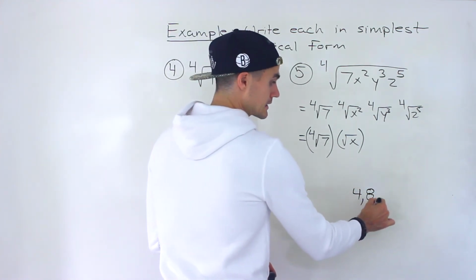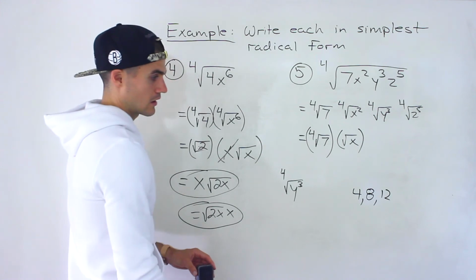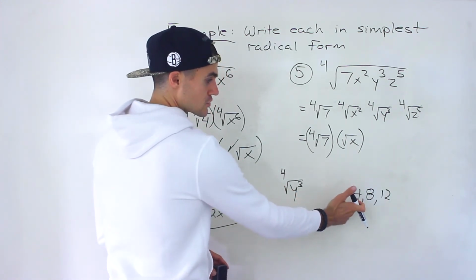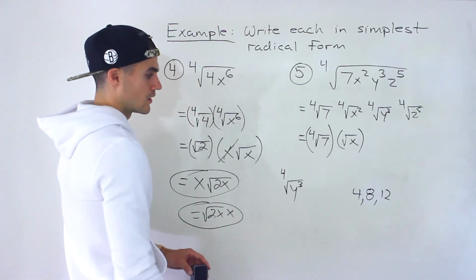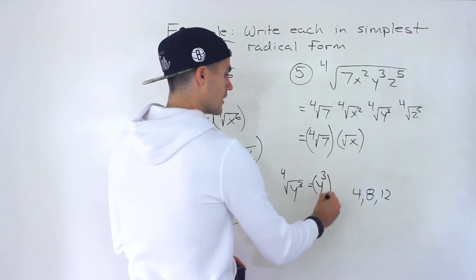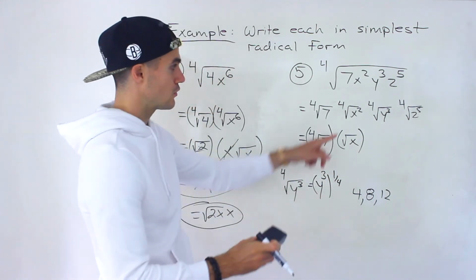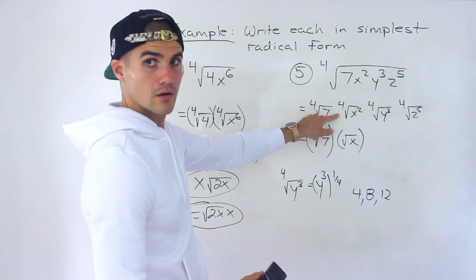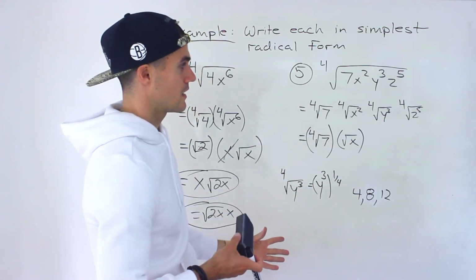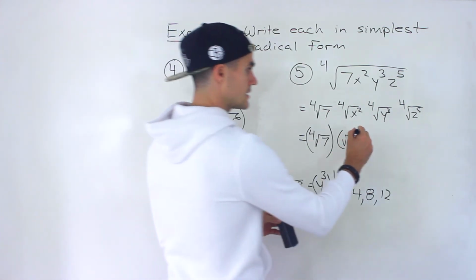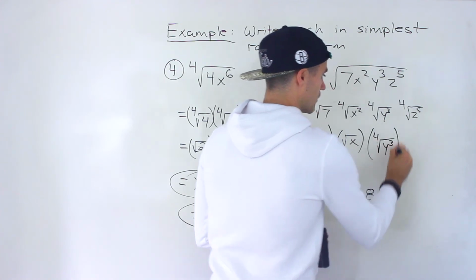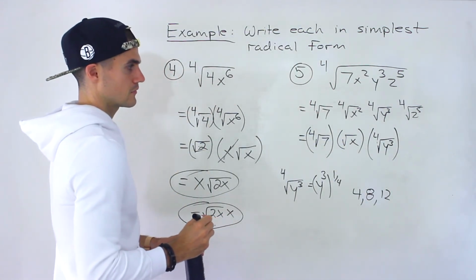Then we got 8, then we got 12, etc., and the 3 is less than that first multiple. So we can't break that y to the 3 down, but you always want to check, can you simplify this, like we did over here, right? 3 over 4, that doesn't simplify any further. So this actually isn't going to simplify any further, so that would just stay as fourth root of y to the 3, like that.